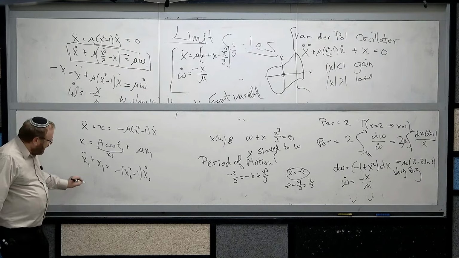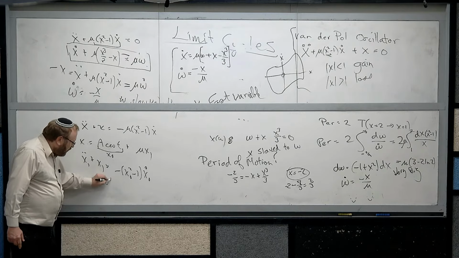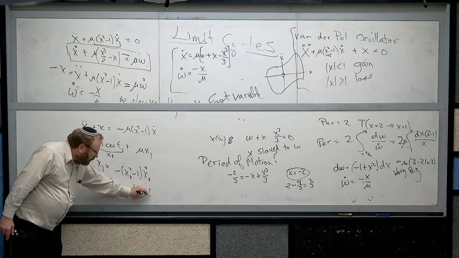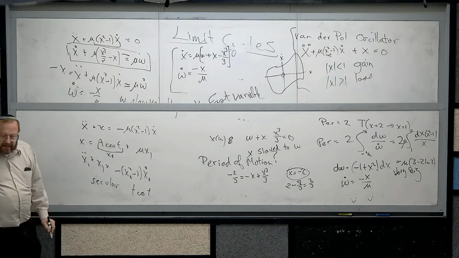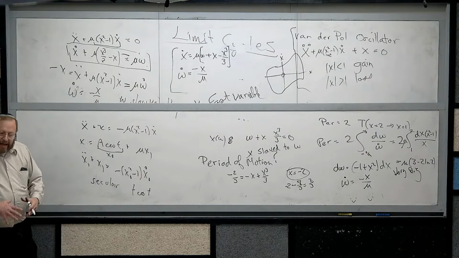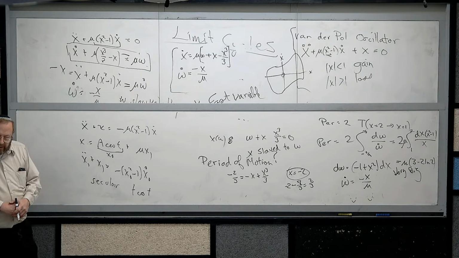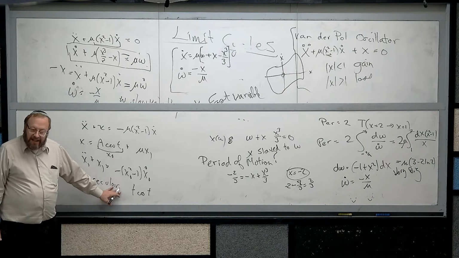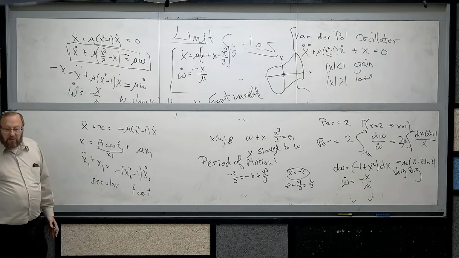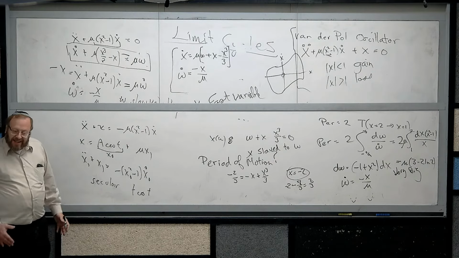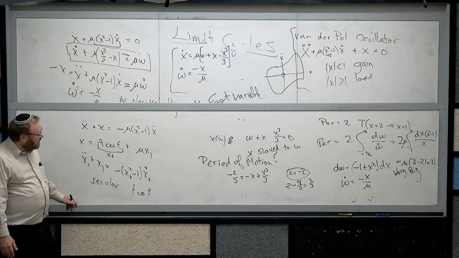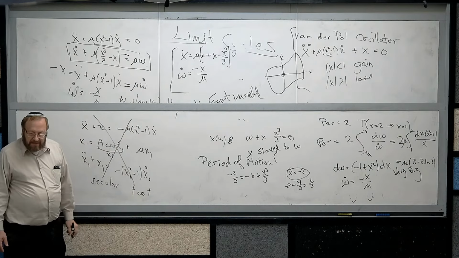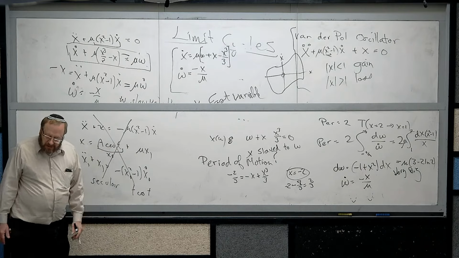You get what are called secular terms, terms which grow like t. So in next order perturbation theory, you get things like t sine t or t cosine t. And the amplitude of the oscillator starts growing. And now it's not oscillating anymore, it's just growing. And we know that this thing is supposed to oscillate, and it's no longer oscillating. So this perturbation theory does not work. We've got to do something else.